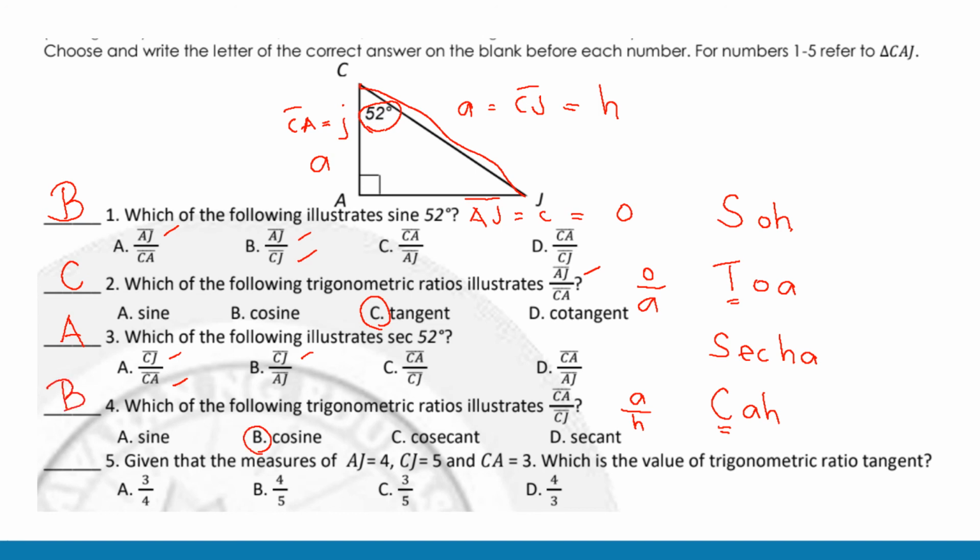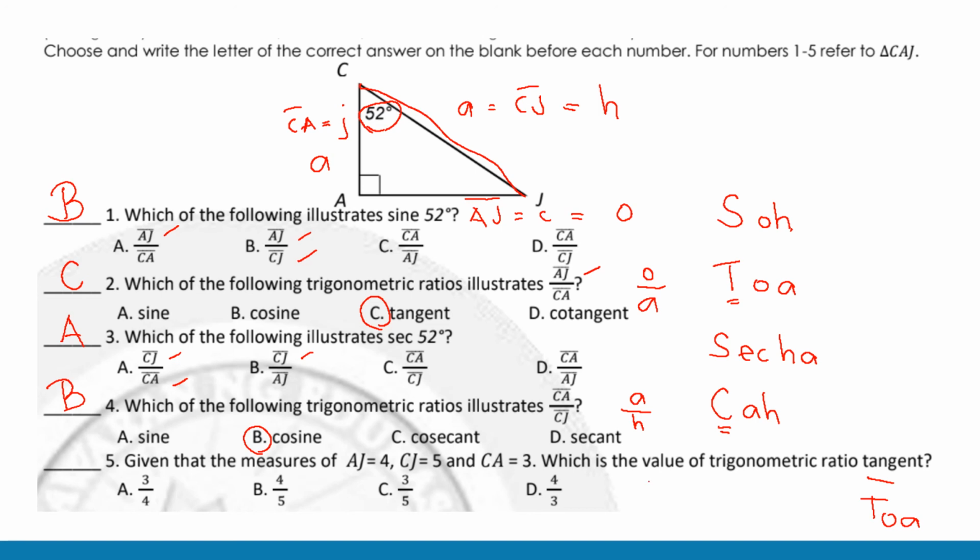And last, given the measures of AJ is 4, CJ is 5, and CA is 3. Which is the value of trigonometric ratio tangent? So, alam natin ang tangent ay TOA. Diba? It's opposite over the adjacent side. So, kung aalamin natin, ang opposite natin is AJ.